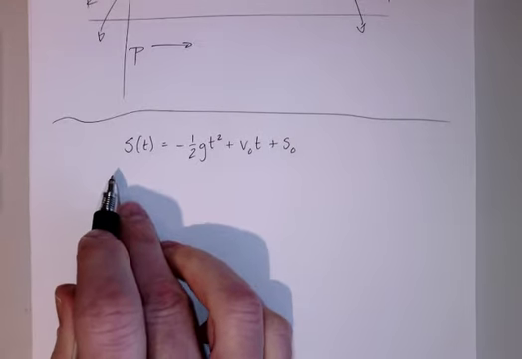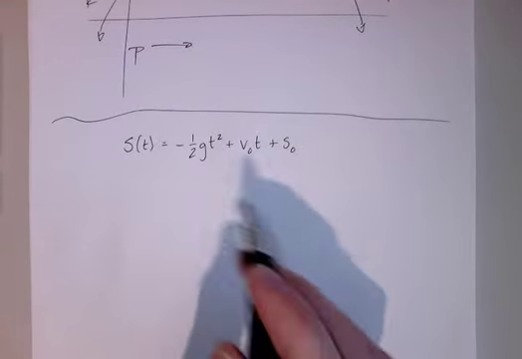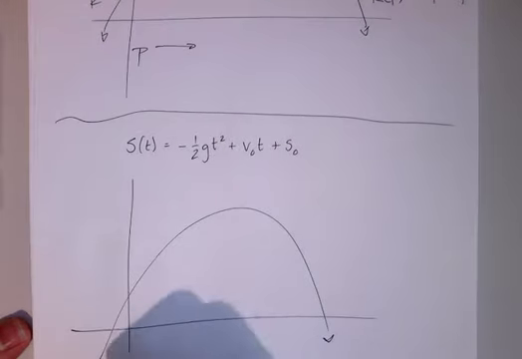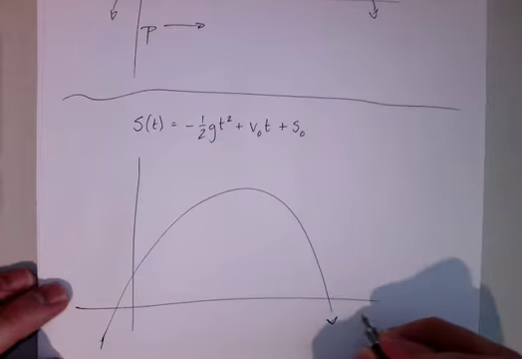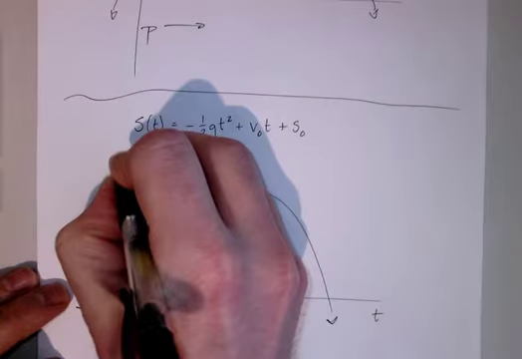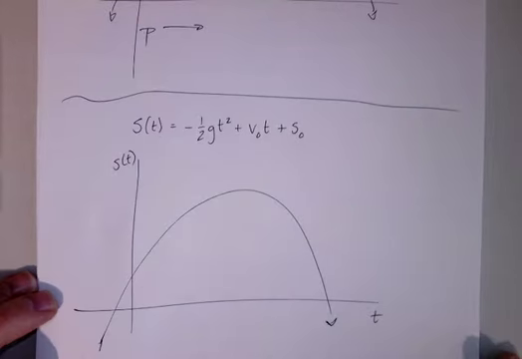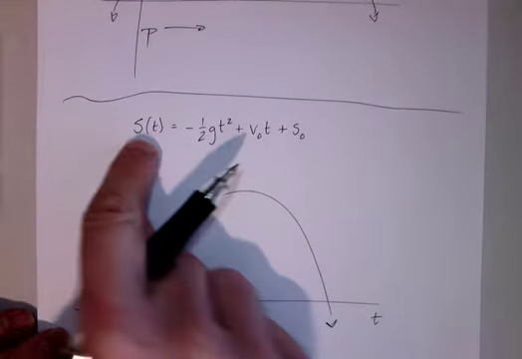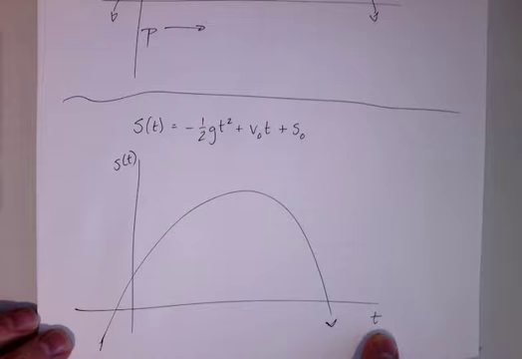S is standard for position and h for height. And it looked something like this, a downward-facing parabola, with your t-axis and your s of t-axis. But this sort of hints towards what parametric is all about, because height was dependent upon time.